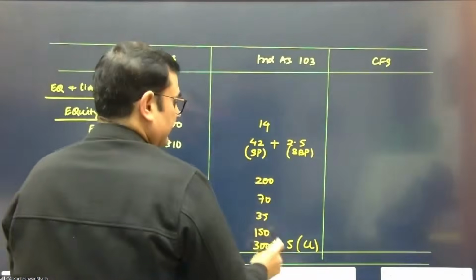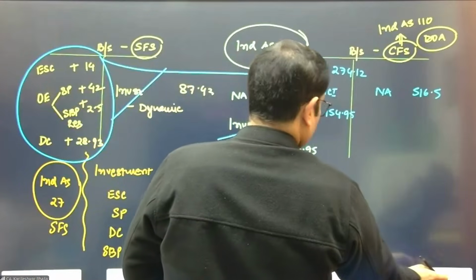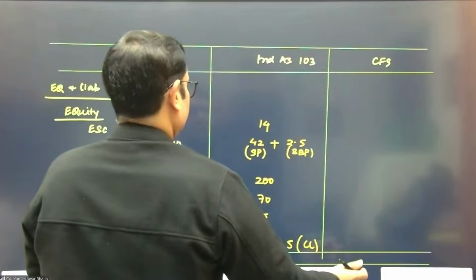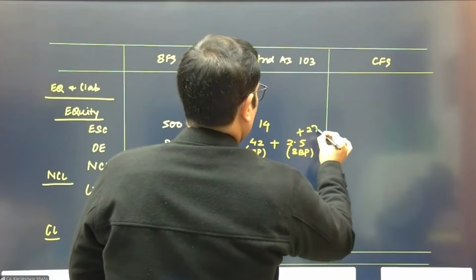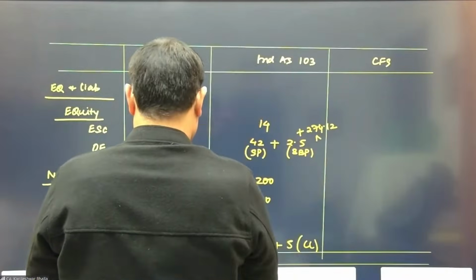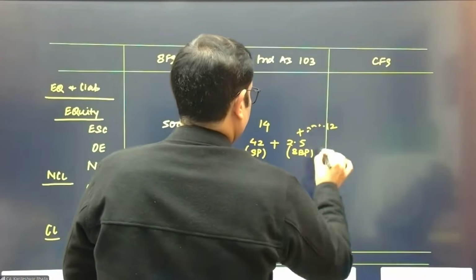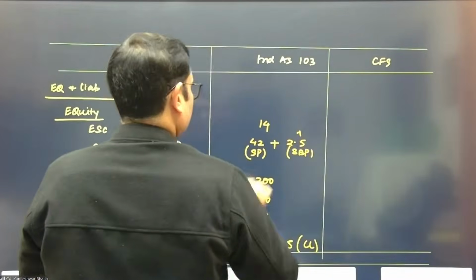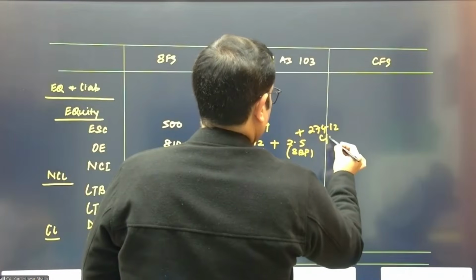Then there is an NCI. NCI was how much? 274.12. So we add the figure of 274.12. This is capital reserve. This 274.12 was the capital reserve.